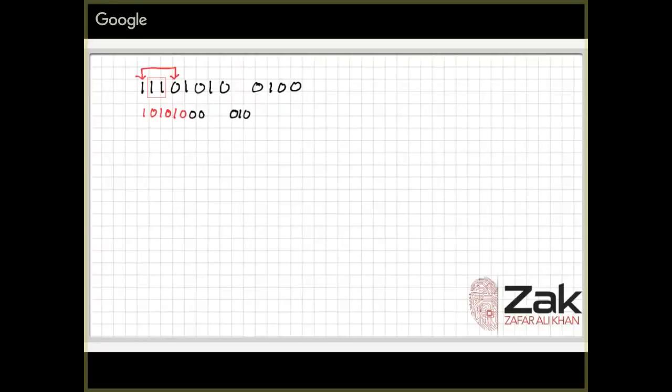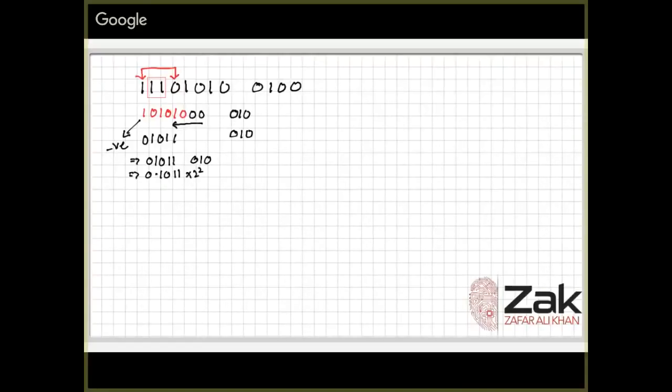Now you have to check that this particular number is negative. So what do we have to do? We have to turn it to positive. The exponent remains the same. The first bit, the mantissa, remains the same, and the rest are toggled. So the number becomes 0101110, and then solve it: 0.1011 into 2 to the power 2.